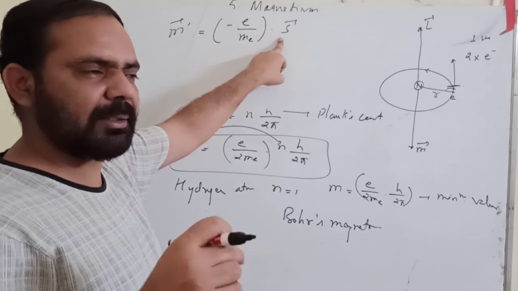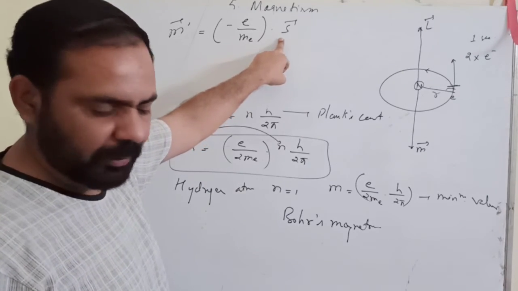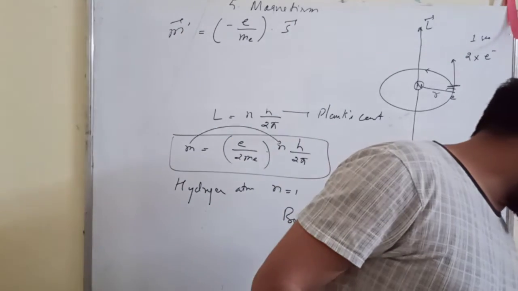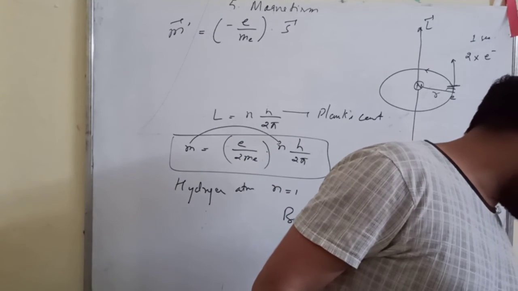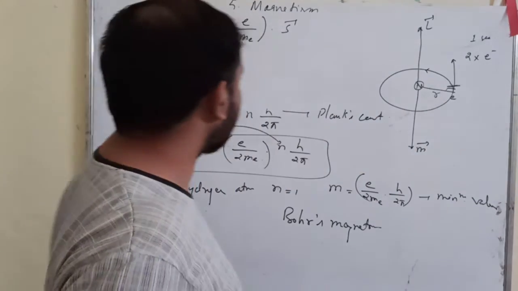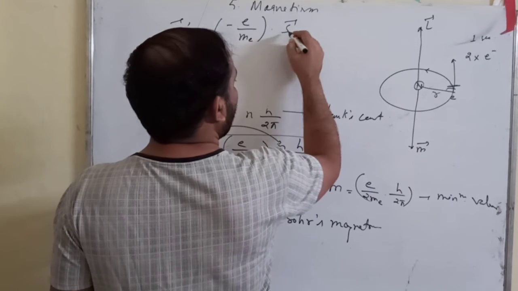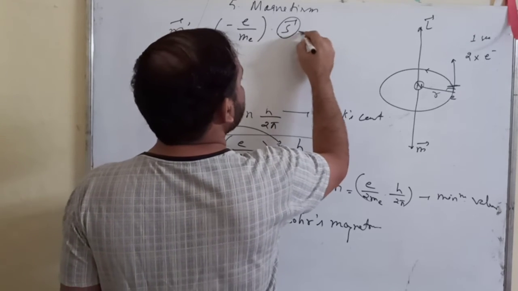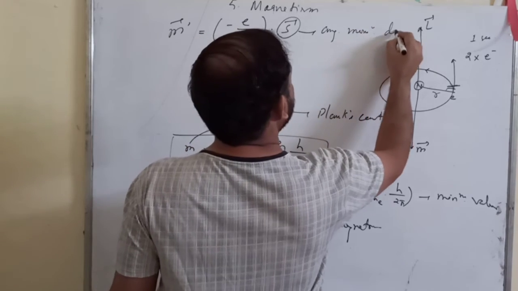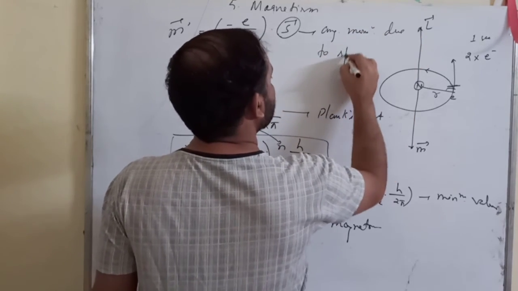What is S? S is the angular momentum due to spin.